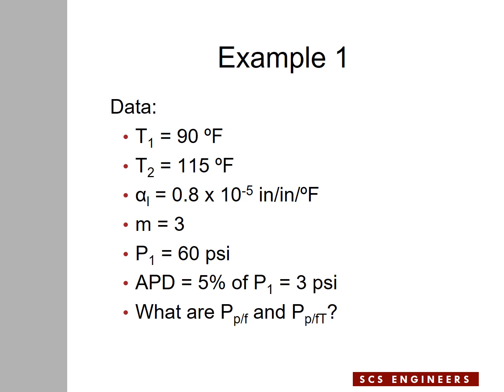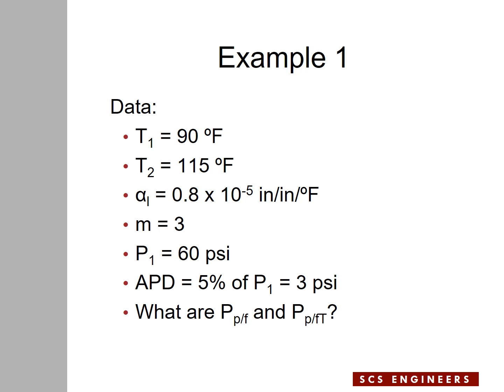To clarify the concept of this formulation, we are going to go through a couple of examples. Here is example 1. The data for example 1 is provided and listed here. T1, which is the initial temperature, is 90 degrees Fahrenheit. T2, which is the final temperature, is 115 degrees Fahrenheit. So there is a temperature increase in the field during the test.